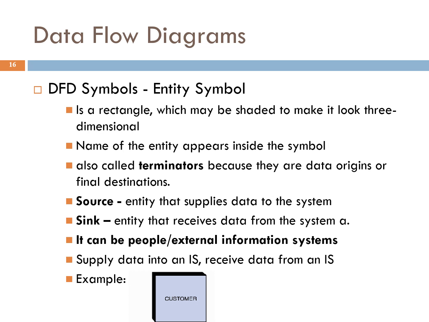If the data comes from an entity, that particular entity is known as a source. If data finishes or ends at an entity, the entity is called a sink. It can be people or an external component of the information system.